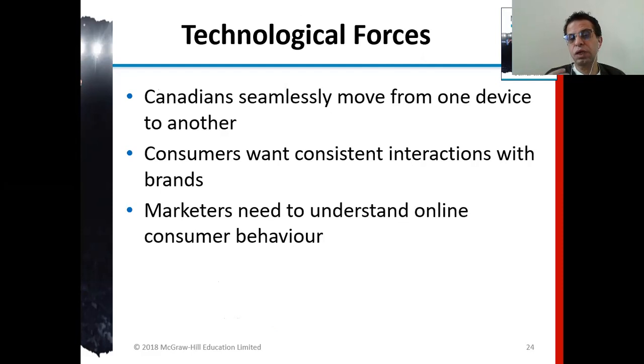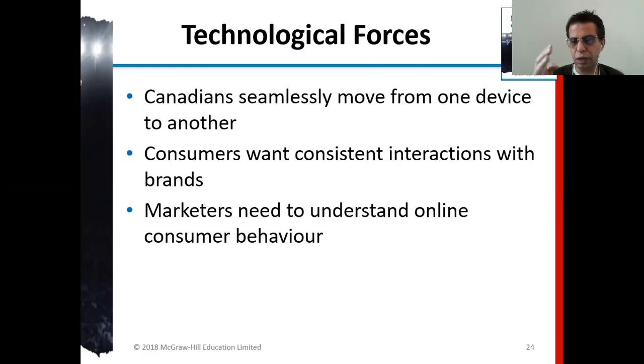Now we come to the technological forces that we've been through and we're going through. There was nothing, then radio started, then TV, then the internet started a little bit, and before the internet we had the telephone, and people did marketing on the telephone, advertised on TV, and then moved to the technology.